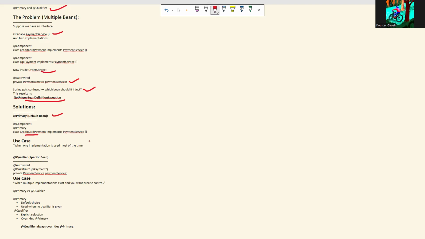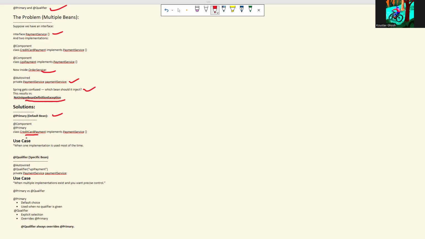So when will we use this primary annotation? Basically when one implementation is used most of the time. Suppose in your business, you see that the credit card payment method is used in most cases rather than the UPI payment. Then you will use the primary annotation on top of the credit card payment.